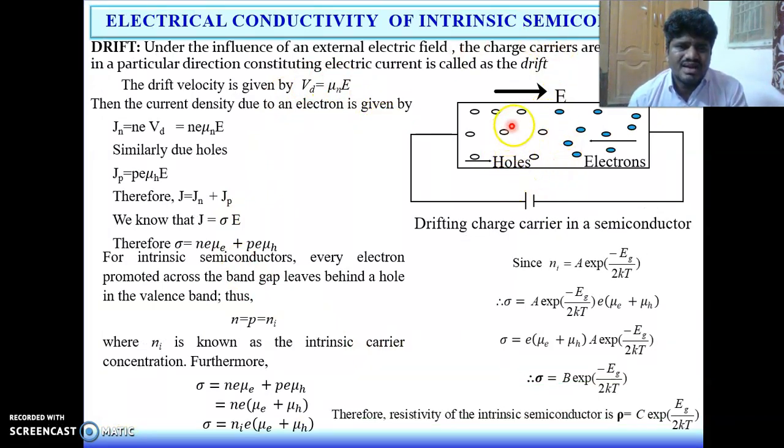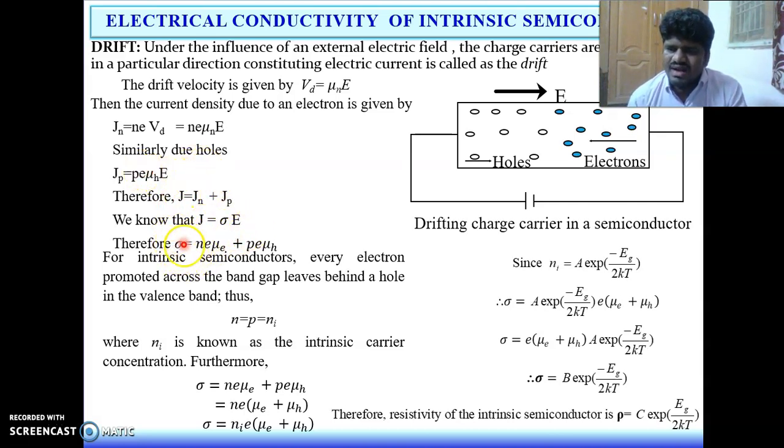We know that electrical conduction in the semiconductor is due to both holes and electrons. For the current density in intrinsic semiconductor, we can write Jn is equal to n e vd. Similarly, due to the holes, we can write Jp is equal to p e μh E. And the total current density, you can write J is equal to Jn plus Jp, and we know that J is equal to σE.